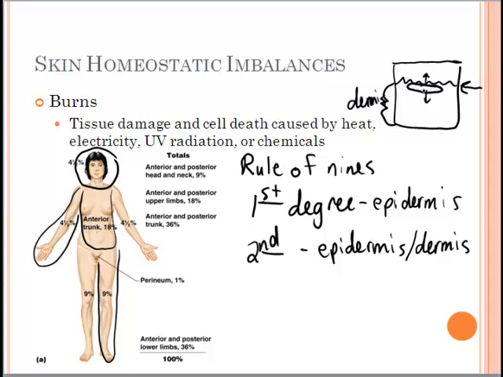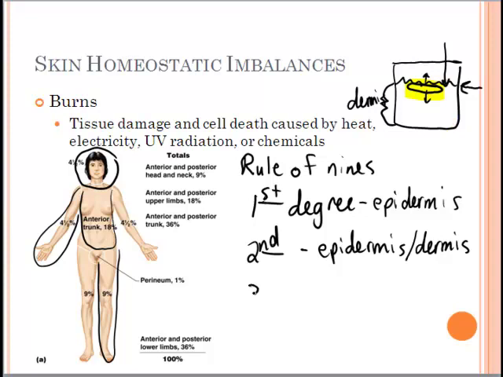If it pops, basically that means the epidermis is coming off. So in a second degree burn, you've gone through the epidermis down to the dermis, and you've started to form this blister. This is going to be very painful, again, because remember in the dermal layer, that's where your nerve endings are, and so you're going to really feel this pain.